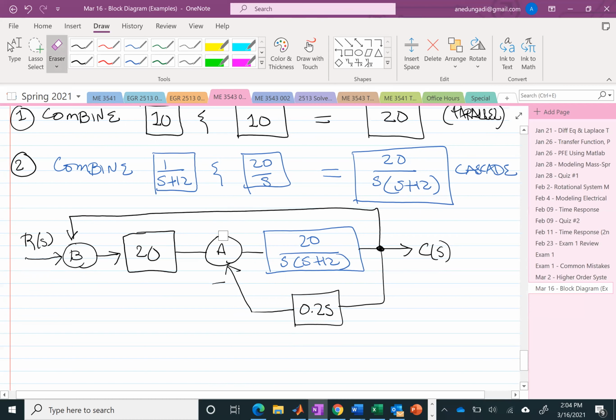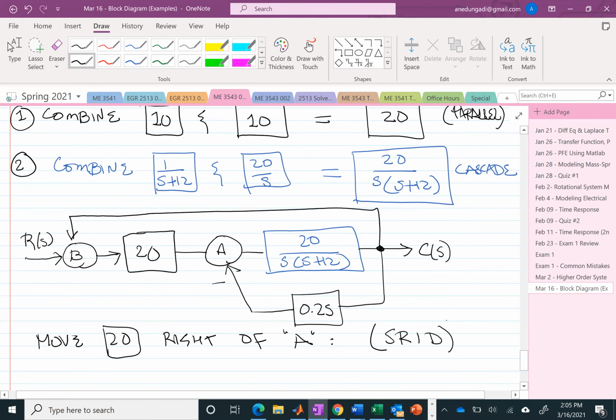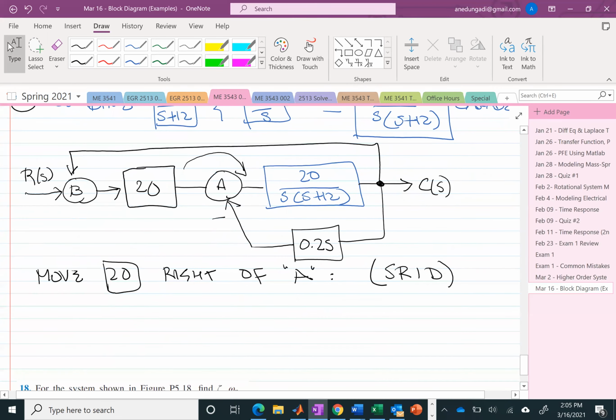So Veronica, you had the right idea. Move 20 to the right of A. So if I did that, let's just work with that. I'm going to move 20 to the right of A, just like we did in the previous example.